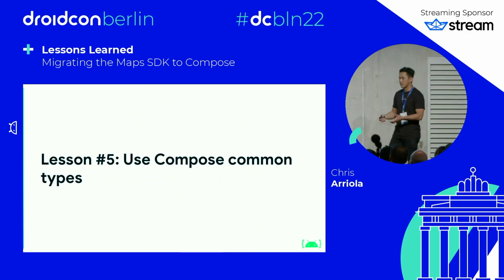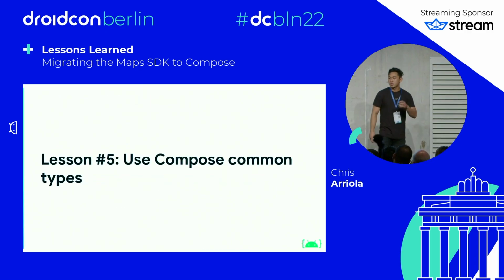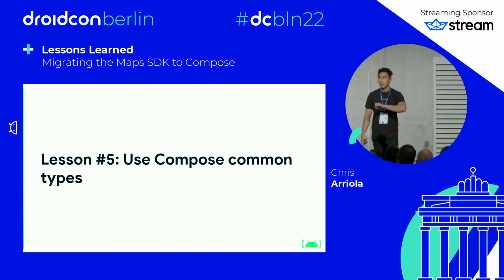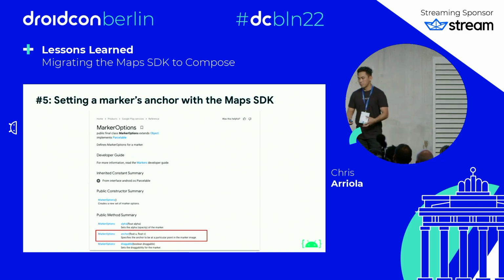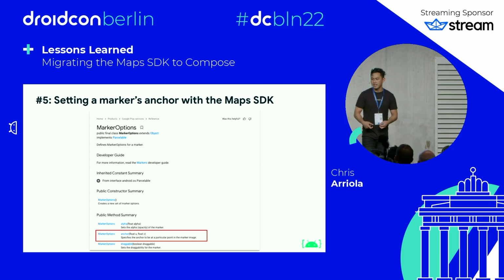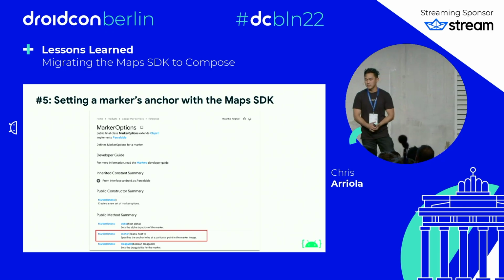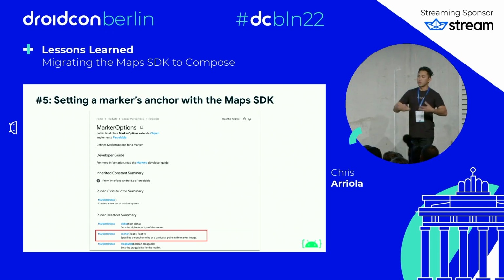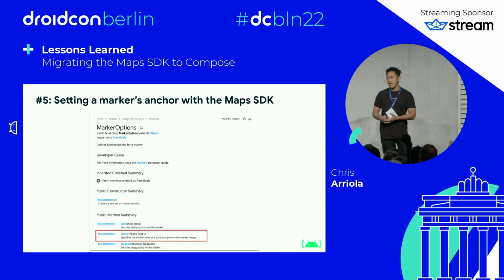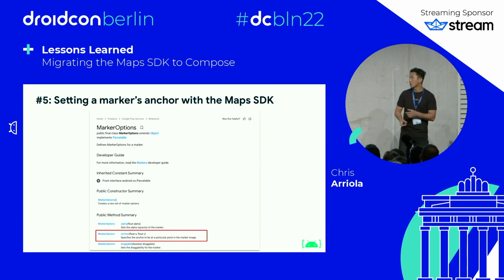All right, the next lesson is to use Compose common types, because Compose introduces a handful of types and classes that might better represent a given piece of data. For example, the Maps SDK has this marker options class, and you would construct a marker options when you want to add a marker to the map. One of the supported features for marker options is this anchor function.